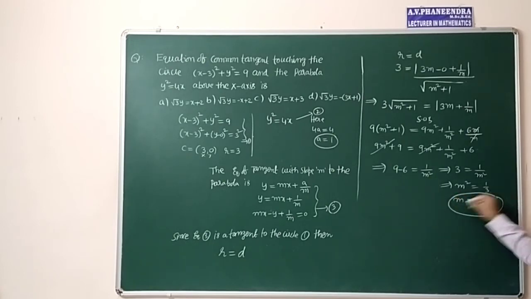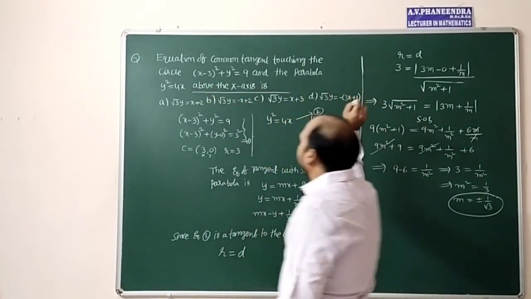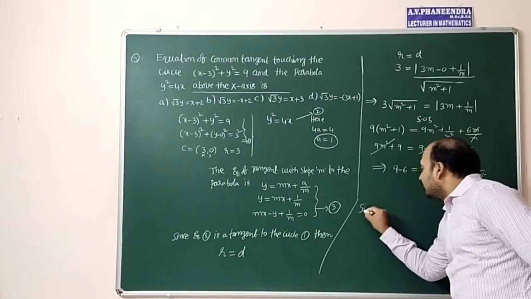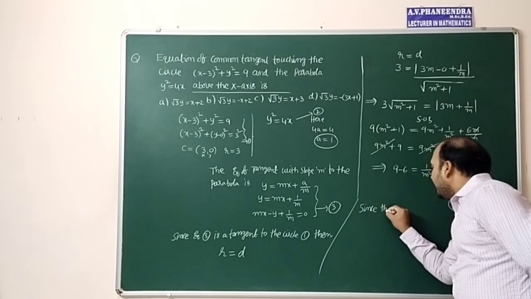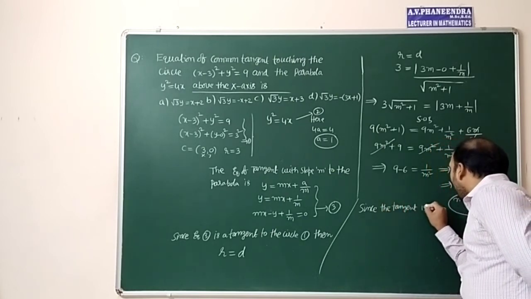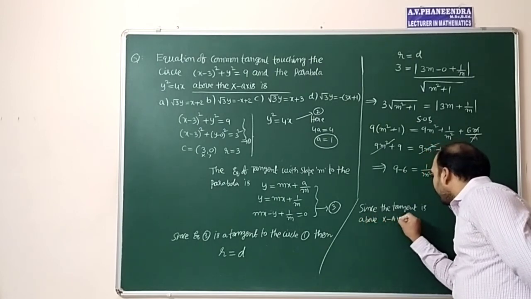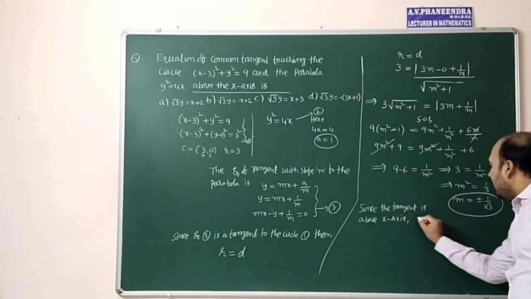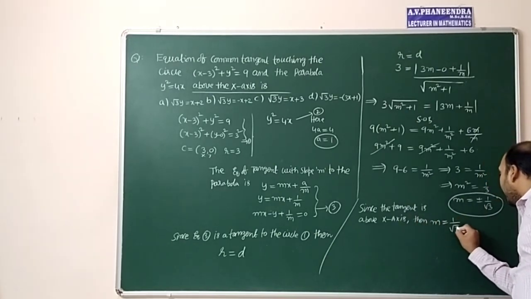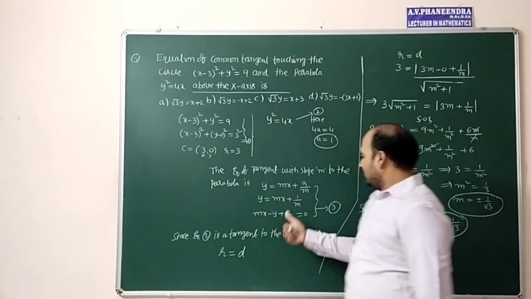Since the common tangent is above the x-axis, as they mention, the m value will become positive 1 by root 3. This m value substitute in this equation.